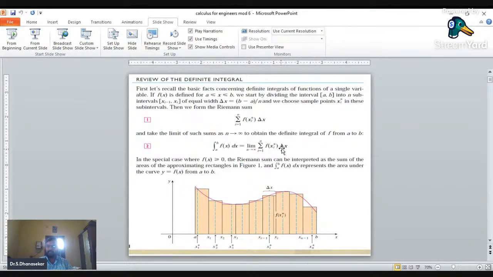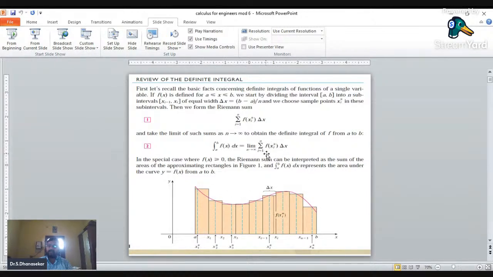Their width will always be delta x, and for f of xi star you are going to take any one sample point in this one, that can be called x1. If I take any point here, that can be called x2, like that. So I will apply it on this curve function y equal to f of x.